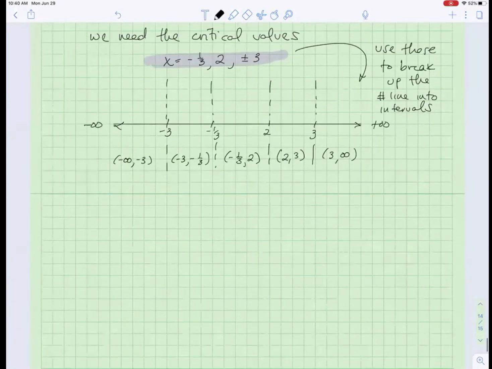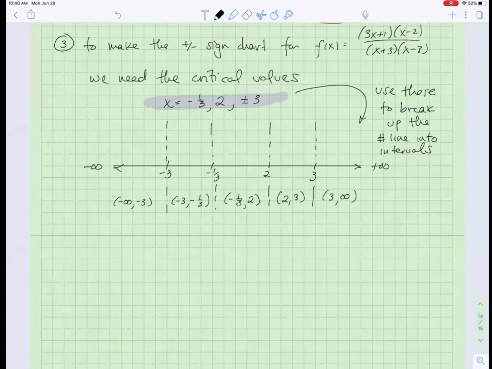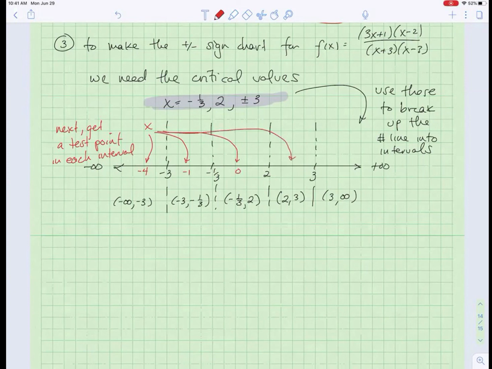Okay, now we're going to test the sign in each region. So next, get a test point in each interval, like -4, -1, 0, 2.5, 4.